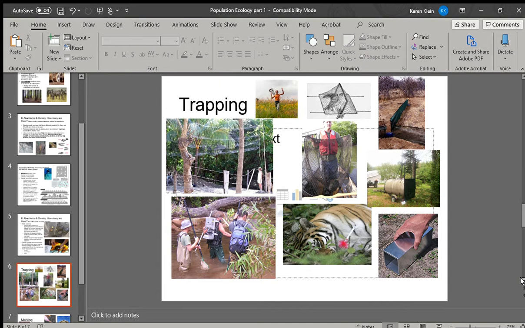Depending upon the animal, you would talk to your species ecologist about its behavioral or physical traits, as far as how to best capture these animals to undertake such a study. Depending on what method you would use, what traps you would use, and I put some of these here.